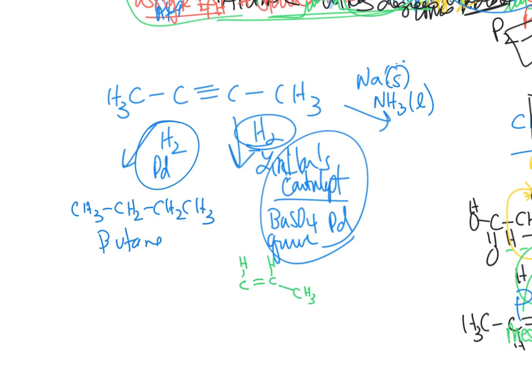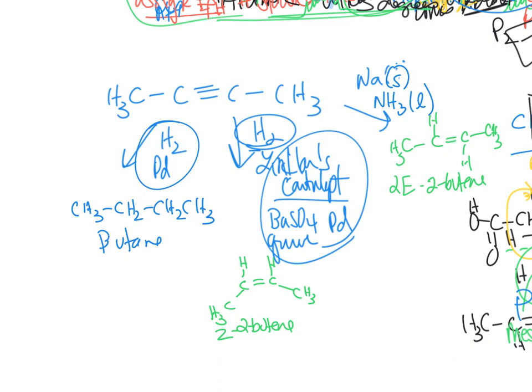All right, so what's the name of that compound? That's Z-2-butene. Okay, here you're going to get trans. So that's E-2-butene. So those are the differences.